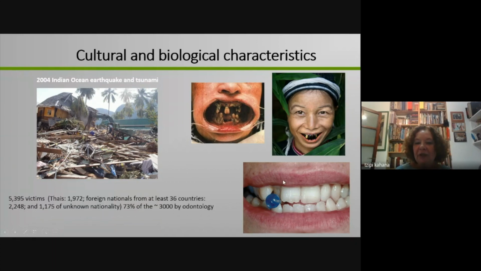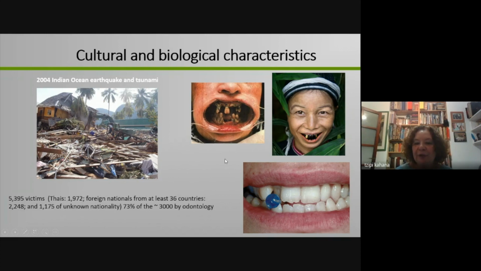There are some cultural characteristics of certain people. For instance, when we were working on the tsunami in Thailand in 2004, where we had circa 2,000 Thai individuals, and we had about 3,000 from different countries.